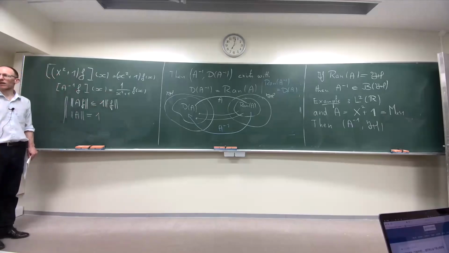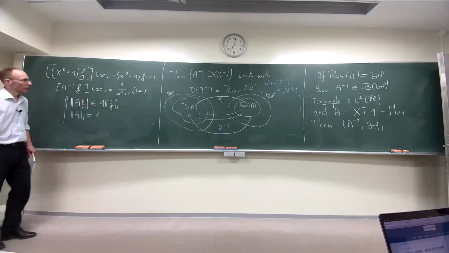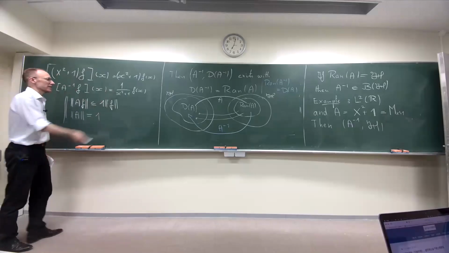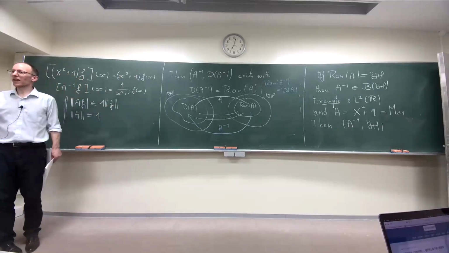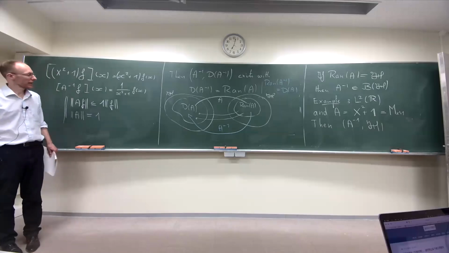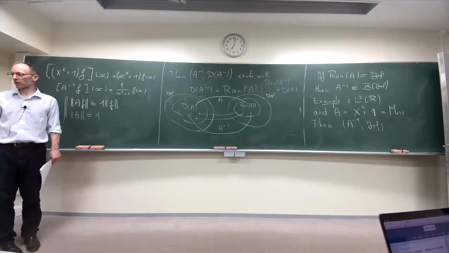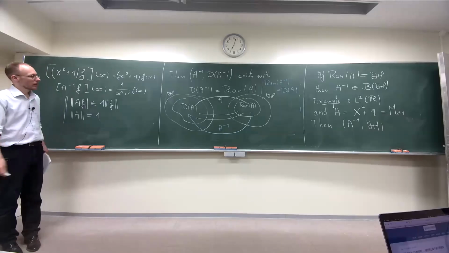Are we allowed to give x a complex number? Yes, this function could be a complex-valued function. The function can be complex valued, but x is a real number.